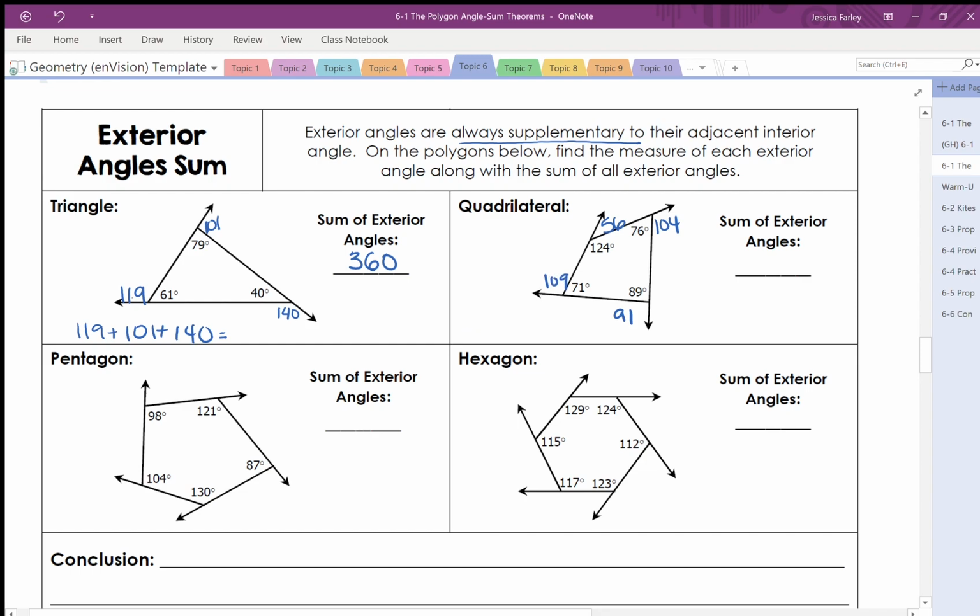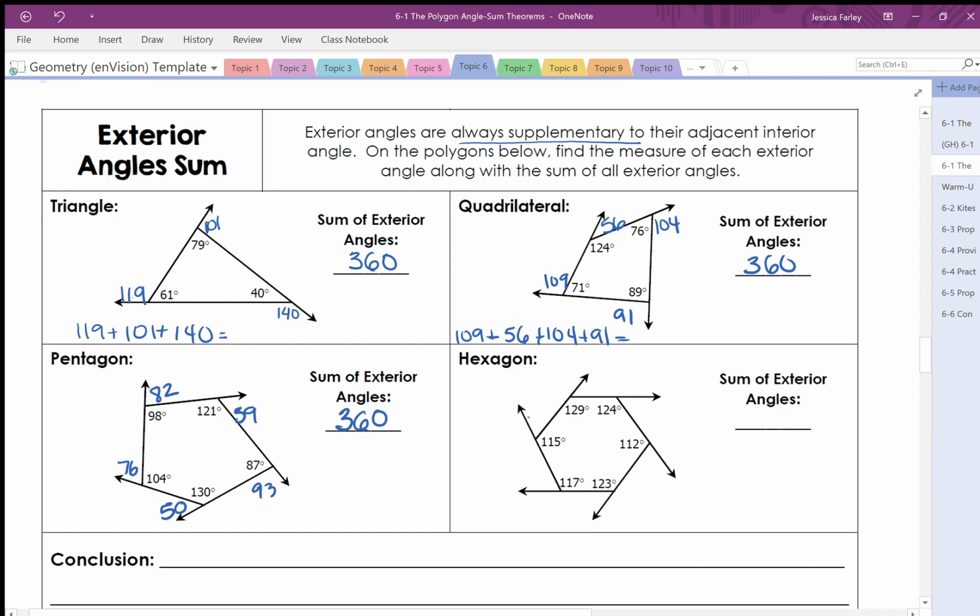So we're going to get all the exterior angle measures, and then we add them all up. And amazingly, this one is also 360. Once again, we will add all of our exterior angles, and when we find the sum, it is 360.